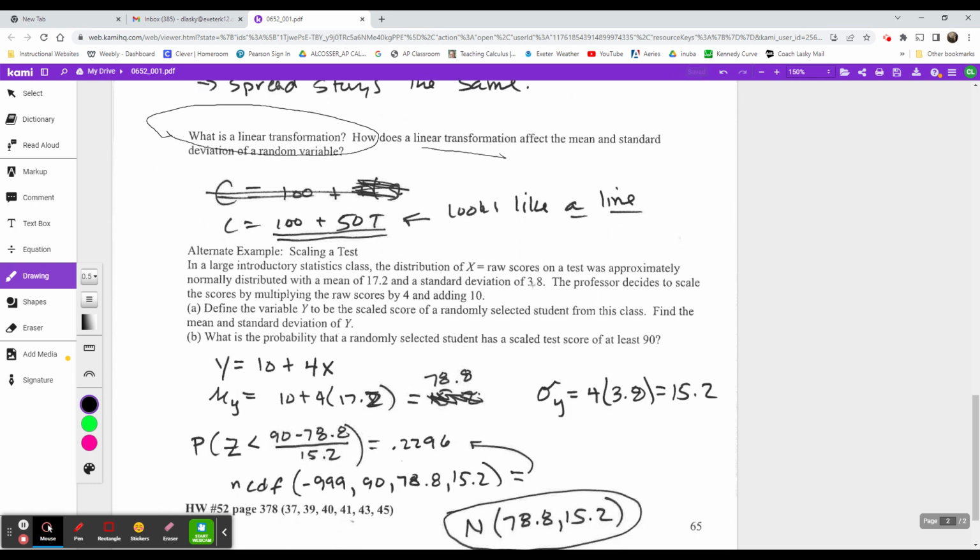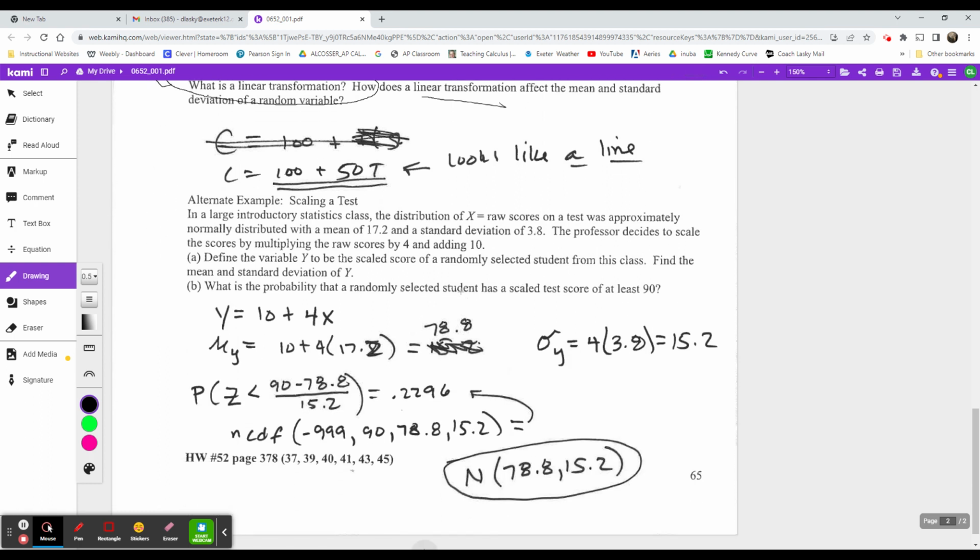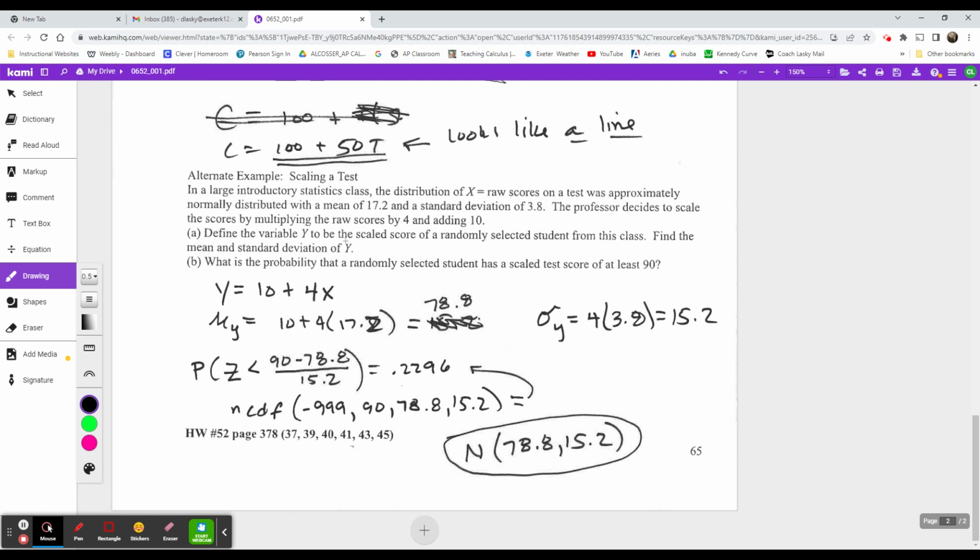So from there, we take that idea and we get an equation here of we're going to multiply the raw scores by 4 and add 10. So my raw scores are x. So I create an equation, y equals 10 plus 4 times x. And then we know that the mean is 17.6, and that's the distribution of the raw scores.